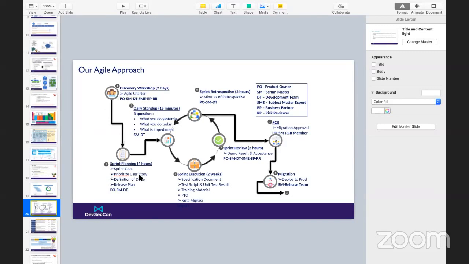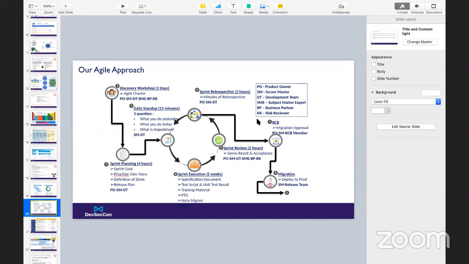We also do some sprint planning, just to do some product development initiative. We do some daily stand-ups, and also sprint execution every 2 weeks, and we do some sprint review where we do some sprint retro.